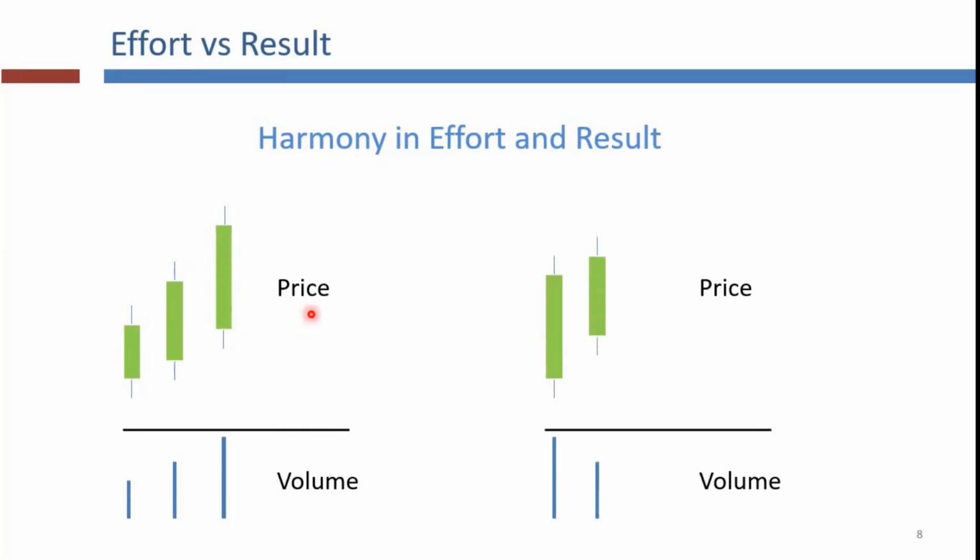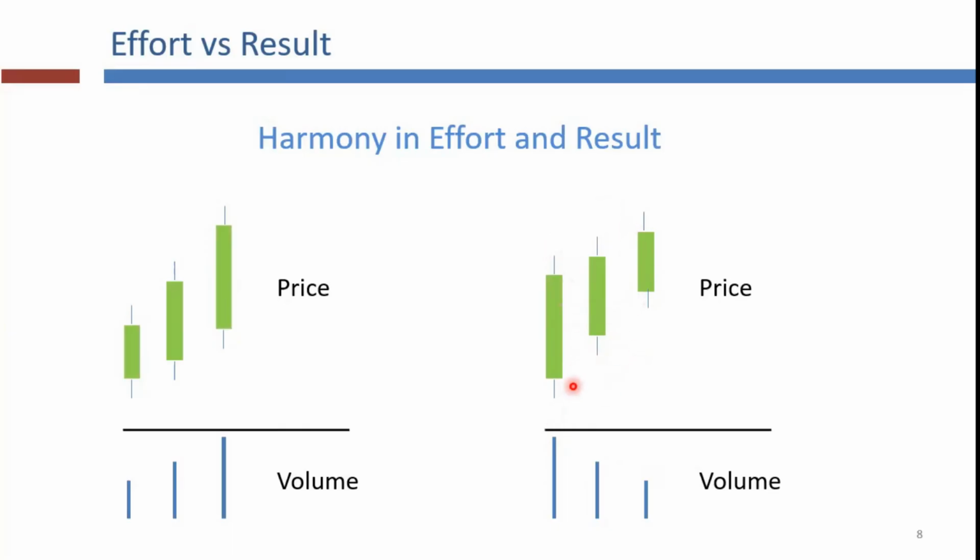Now let us look at this second example. You can see here that price is increasing, however, volume is decreasing. According to the first rule, this means that there is lack of buyer's interest or lack of demand interest. Now let us add the rule regarding spread or range of a candle.